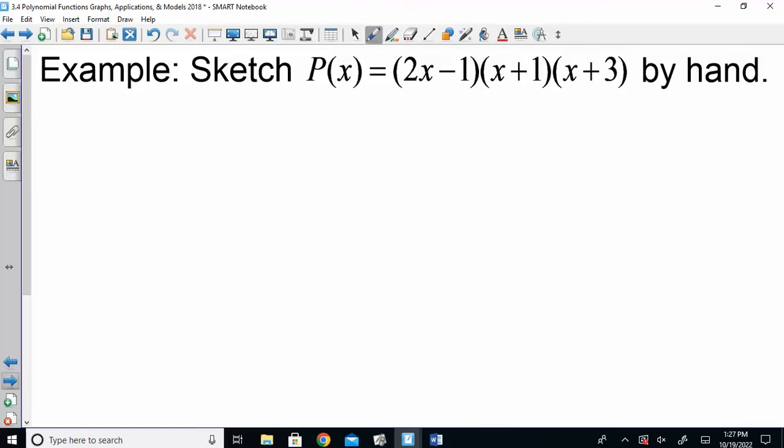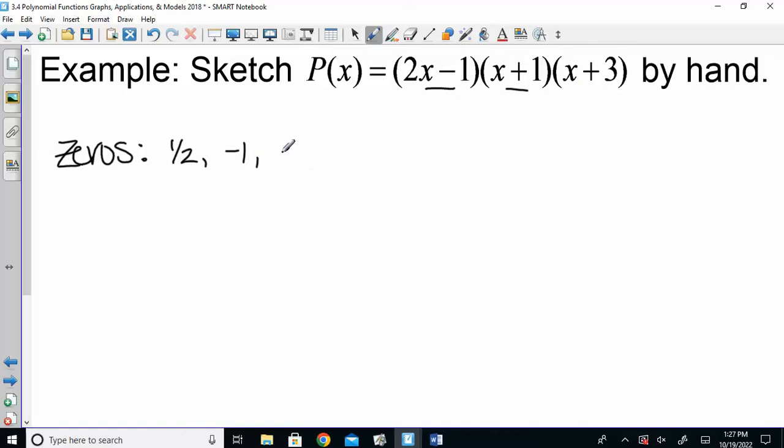So let's take a look at this polynomial. I want to graph this one by hand. It's already factored, so you should be able to tell me all of the zeros of this function. What makes 2x minus 1 equal 0? What about x plus 1?